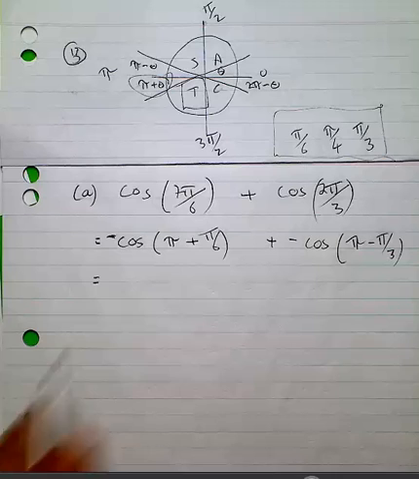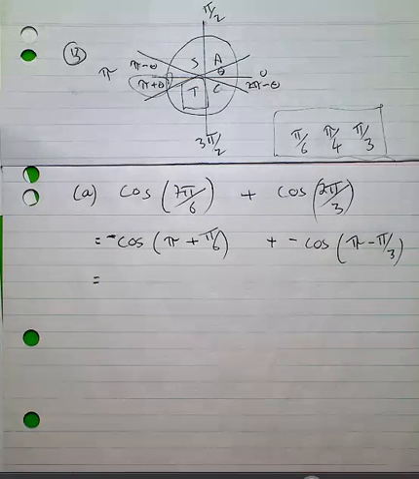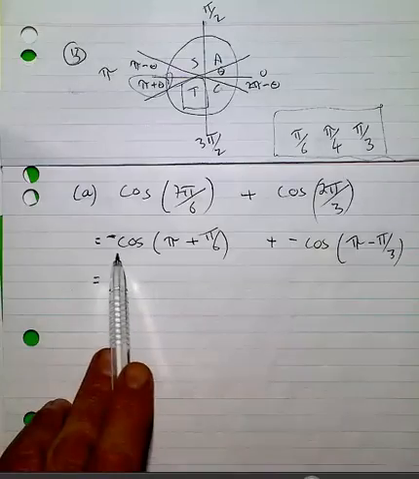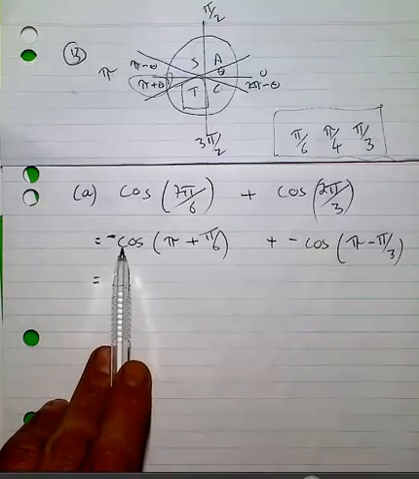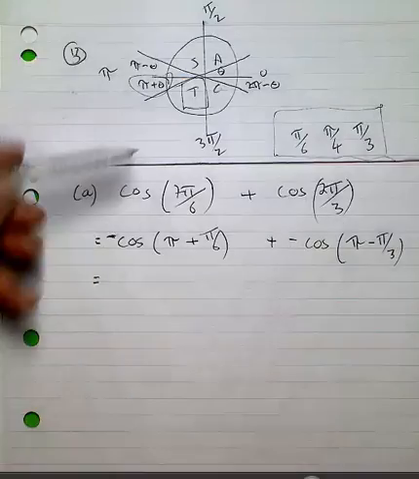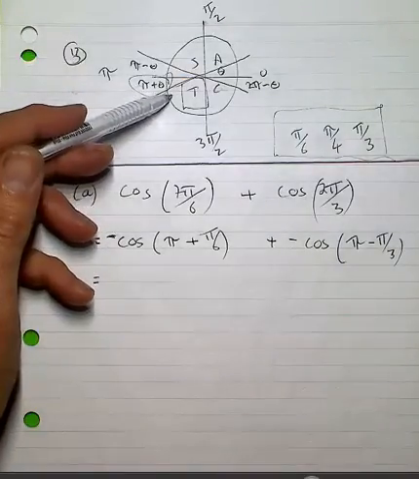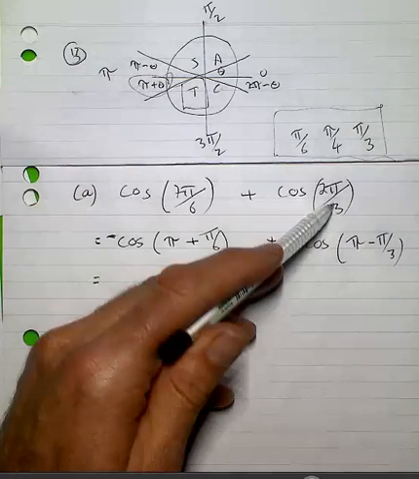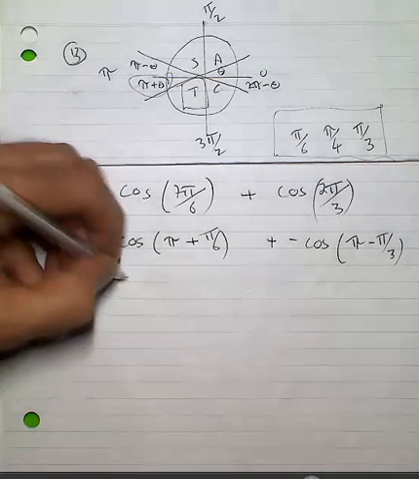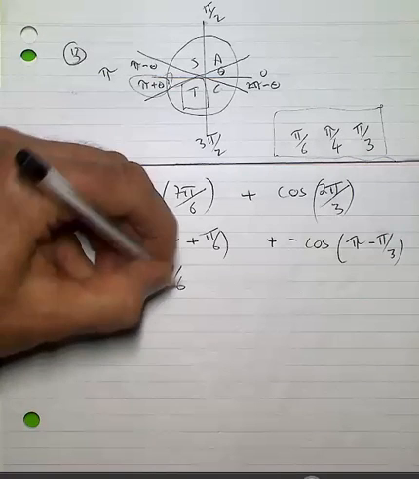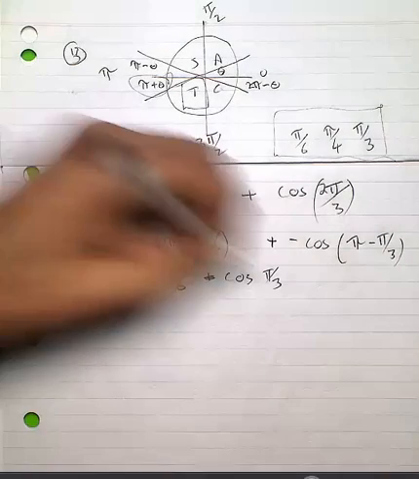So, in the first instance, cos 7 pi on 6 plus cos 2 pi on 3. We convert that using symmetry figures and identify the quadrant that it's in. 7 pi on 6 will put me into the third quadrant, negative for cos, so it's negative cos pi on 6 minus cos pi on 3.